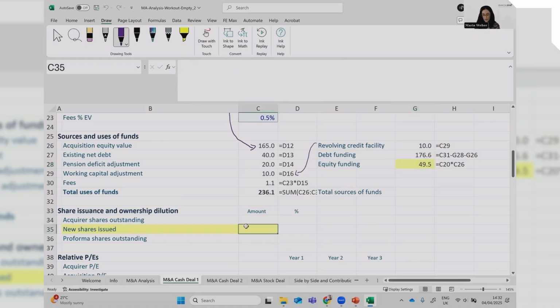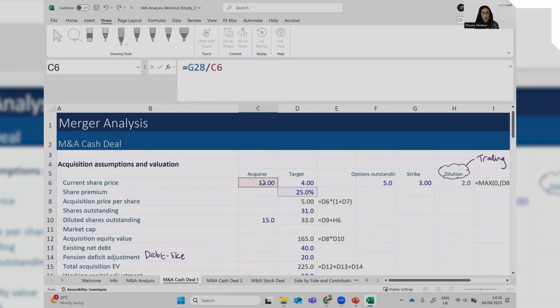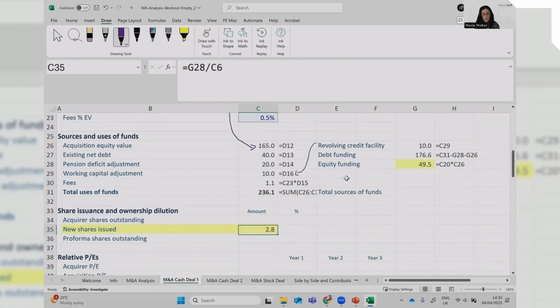Well, if the total value I need to give is 49.5 million, I'm just going to divide that by what my share price is now. So total value of 49.5. Each of my JM Smucker shares are worth $18. So that means I need to issue 2.8 million new shares. That's for the share portion. The remainder I'll give to them in cash.